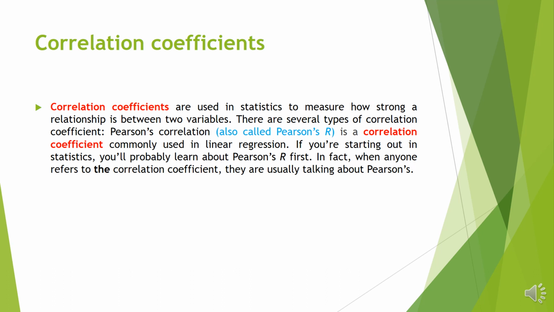If you are starting out in statistics, you will probably learn about the Pearson R first. In fact, when anyone refers to the correlation coefficient, they are usually talking about the Pearson's. In simple words, we can say that correlation is the measure of association between two variables.